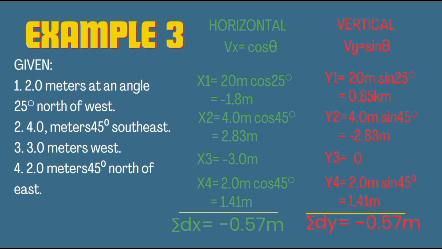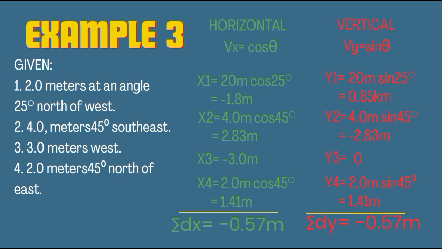So for the horizontal or x-axis, the first x will be 2.0 meters cos 25 degrees, which the answer will be negative 1.8 meters. For the vertical y, the first given will be y1, so it is 2.0 meters sin 25 degrees, which is equal to 0.85 meters.